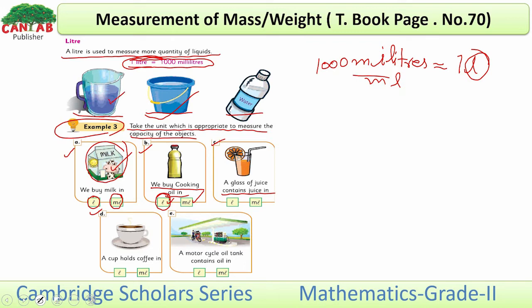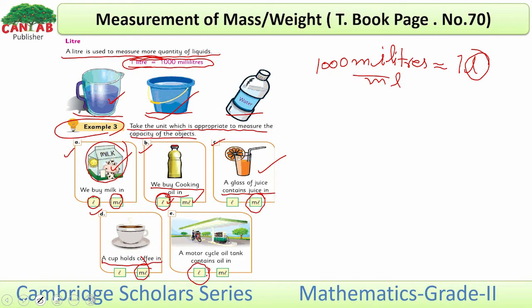So jug can contain juice or water in liters, but the glass can contain in milliliters. So you will have to circle the ml. A cup holds coffee in ml. A motorcycle oil tank contains oil in liters.